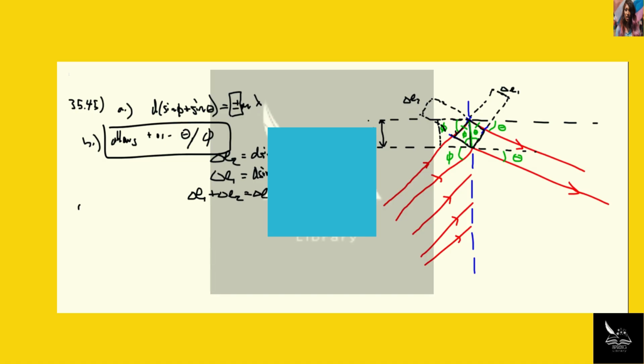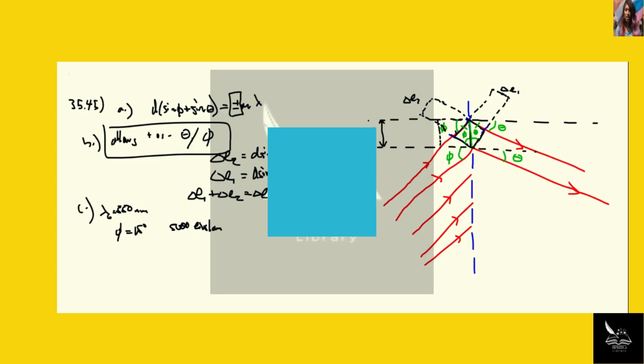Cool. And lastly, part C says green light with a wavelength of 550 nanometers is incident at an angle of 15 degrees to the normal on the diffraction grating, with 5,000 lines per centimeter.